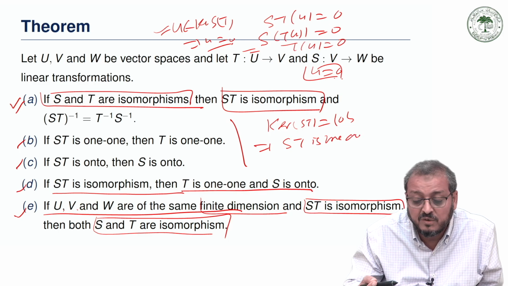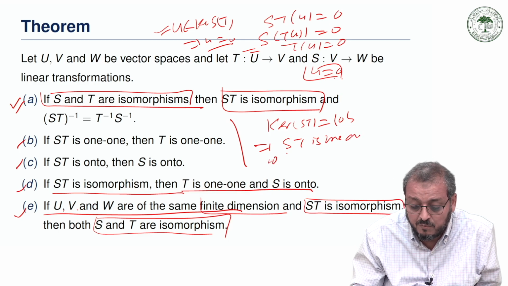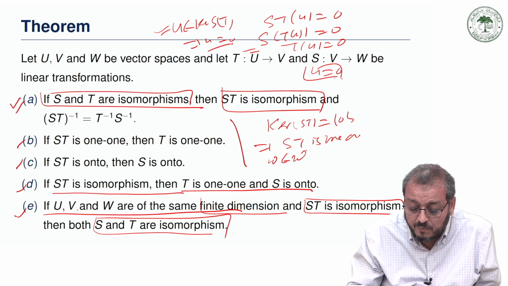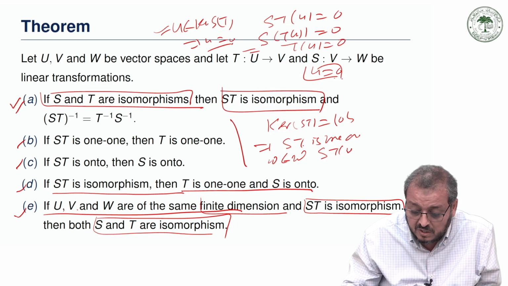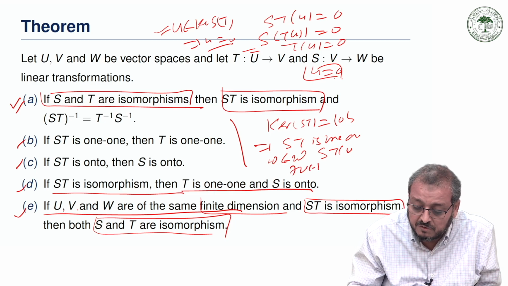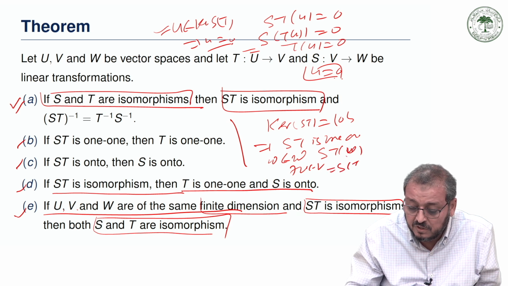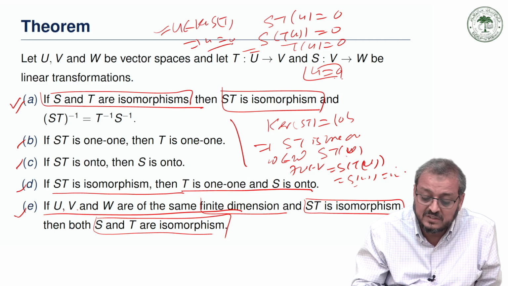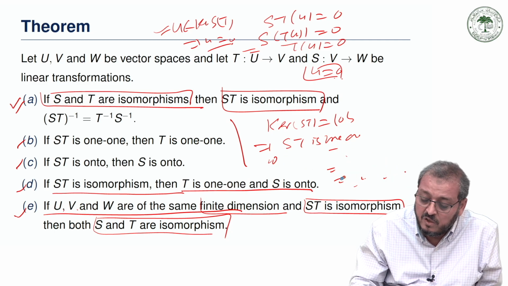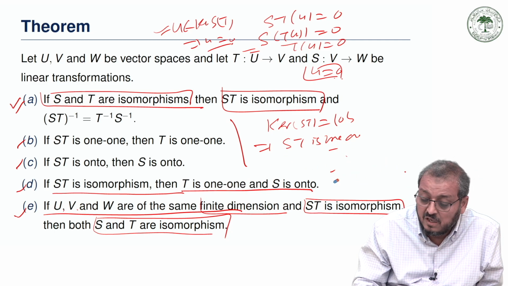In a similar fashion you can prove that for some element W belonging to W, there exists some V belonging to V such that S of T of V equals W. Since T is onto, T of V ranges over V, and since S is onto, this is equal to W. By this method you can try it yourself.